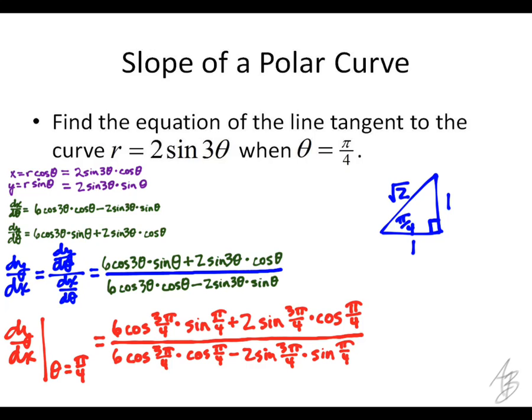Sine is positive in the second quadrant, but cosine is negative. So the cosine of 3 pi over 4 is whatever the cosine of pi over 4 is, 1 over the square root of 2, but negative.